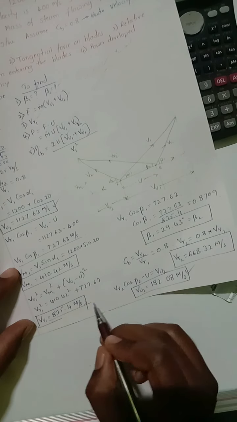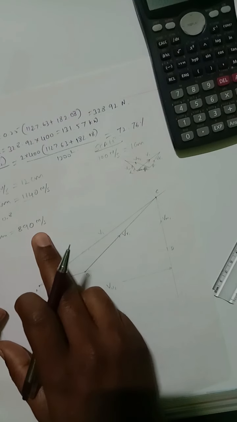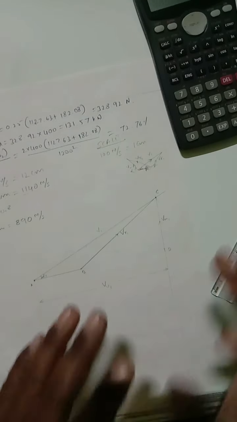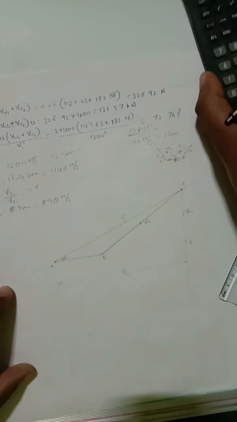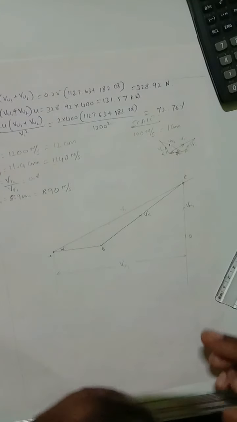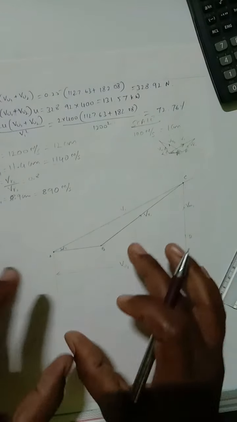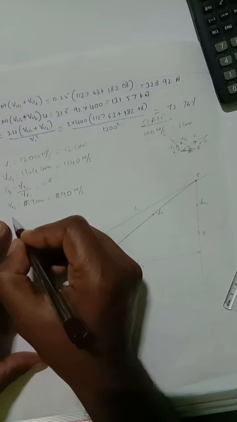And what is the VR1 we have got? VR1 we got 835, and here it is 890. So there is more error, but you be careful. Just for understanding purpose I am drawing this, so there should not be so much of variation. Okay, let it be. I am explaining you the procedure. So we got VR1.